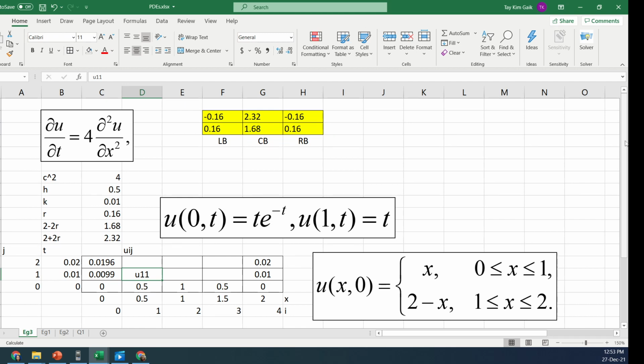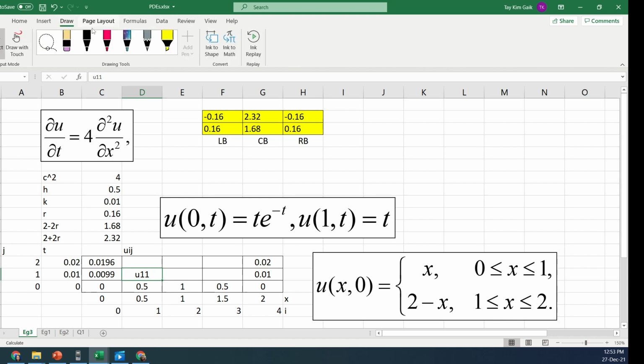If we put it into the formula to solve for U11, I put up the whole equation first.